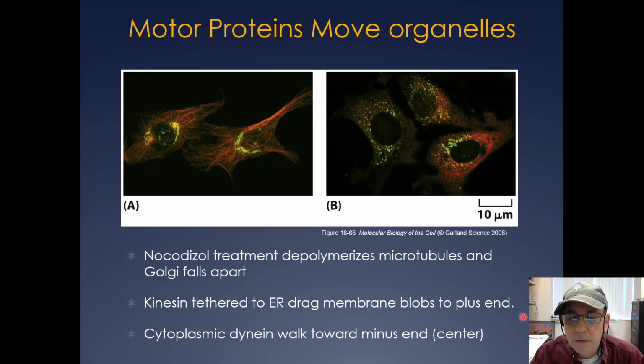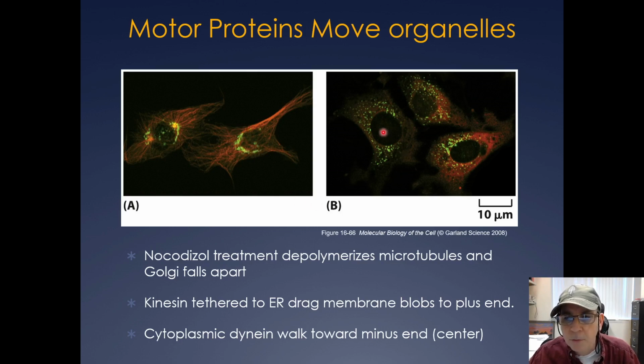As we saw in the video, the motor proteins actually move organelles around. Here's a beautiful cell with the microtubules stained in red, and the Golgi apparatus, a large vesicular complex that comes after the ER, which we'll learn a lot more about when we talk about secretory proteins. You can see the Golgi arranged and attached to the microtubules.